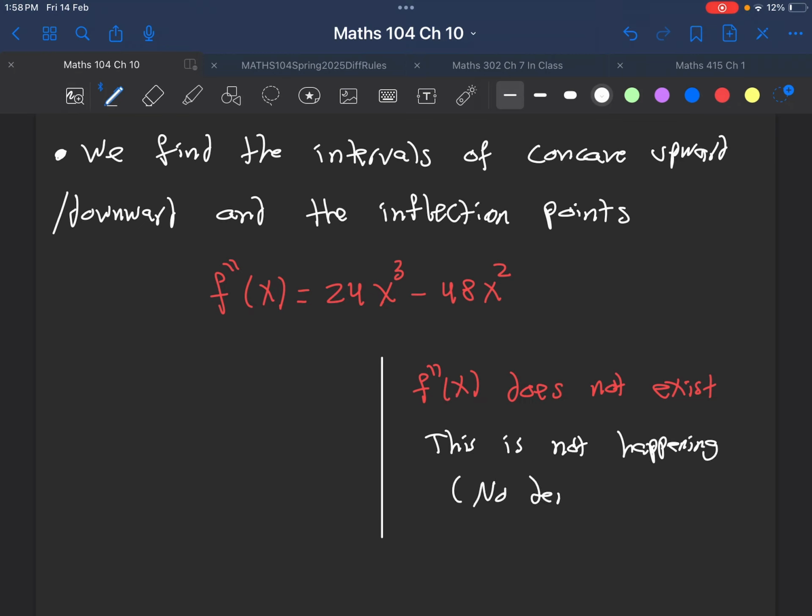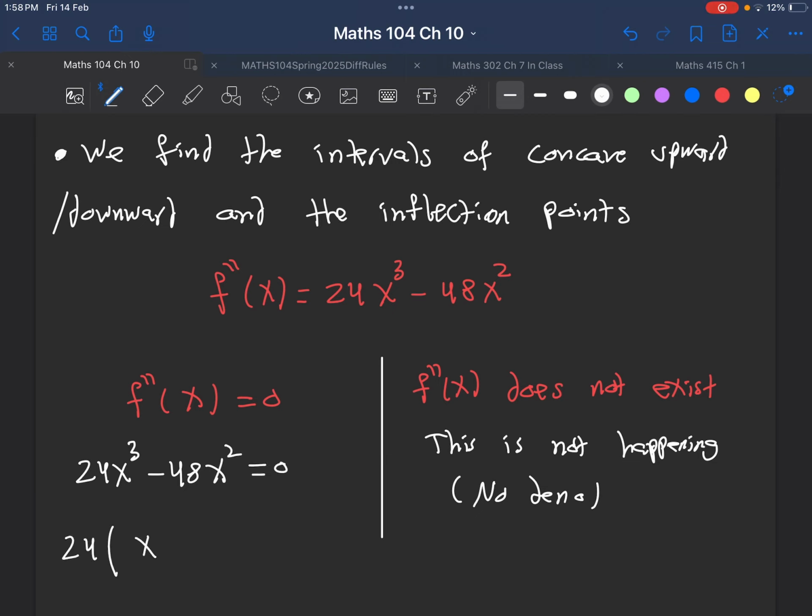The reason why is because we don't have a denominator. Now the second case which will happen is the second derivative is equal to 0, which means 24x^3 minus 48x^2 equal to 0.